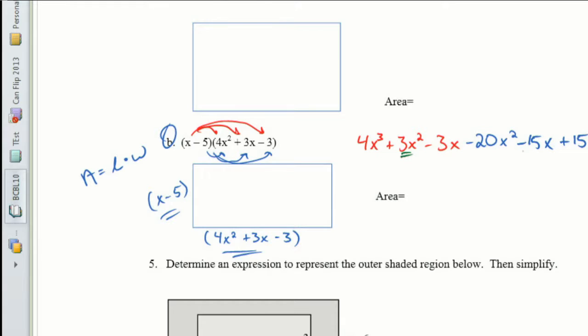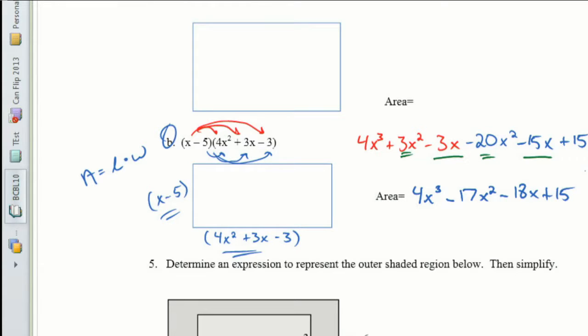I have a couple x squareds here, and then I have a couple x's as well. So I'm going to combine those all together and just rewrite this. So I get 4x cubed, 3x squared minus 20 is negative 17x squared. Negative 3 and negative 15 is negative 18x, and then plus 15.